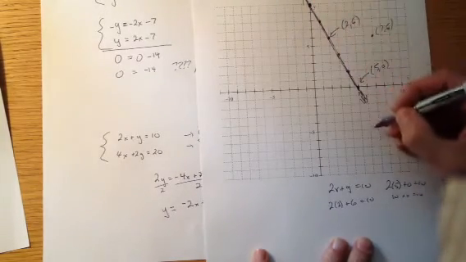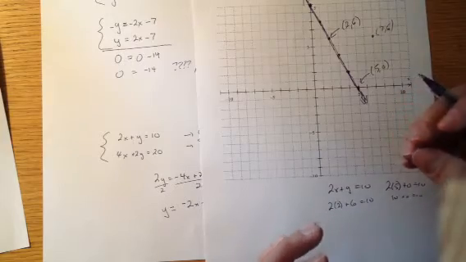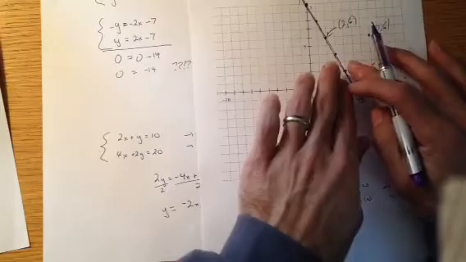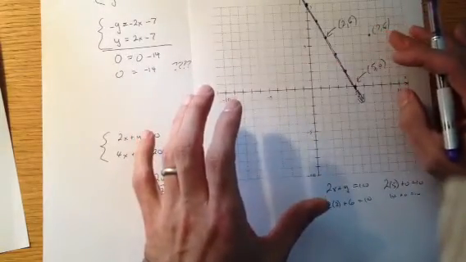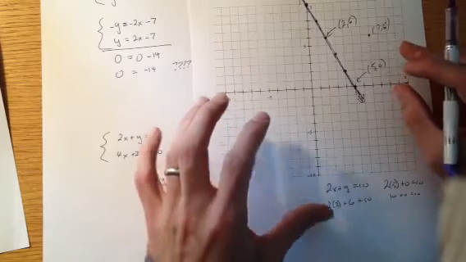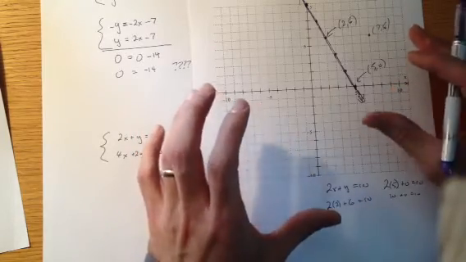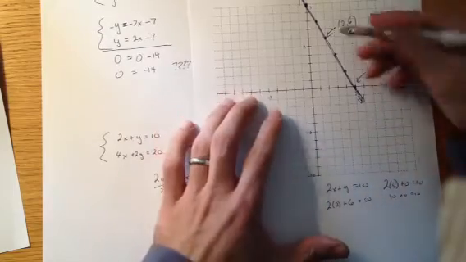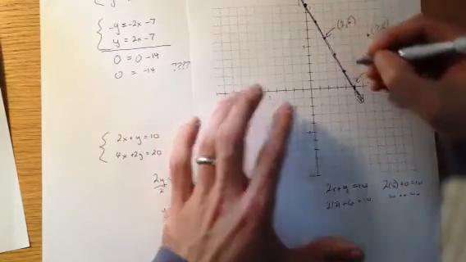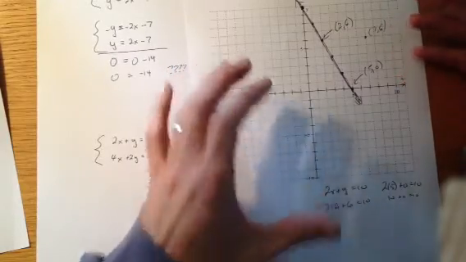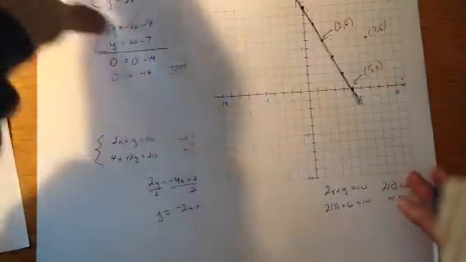However, if you look at numbers that are not on the line, there's also an infinite number of solutions that don't work. And if you want to start thinking crazy, there's actually levels of infinity. Yes, there's an infinite number here, but there's an even more infinite number of solutions that do not work. So there you go. Chew on that one.